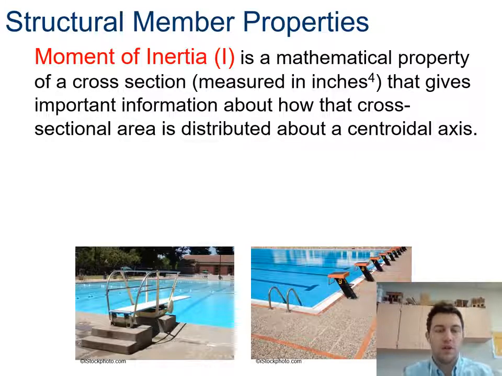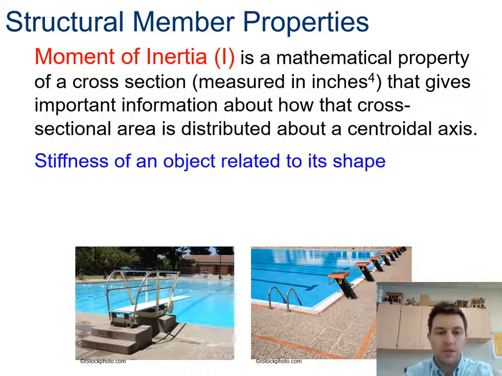Where we're going to start is talking about moment of inertia. That is symbolized by the letter I. It is a mathematical property of a cross-section that gives important information about how that cross-sectional area is distributed about a centroidal axis. When I calculate this using the math we're going to show here, our units will be inches to the fourth.